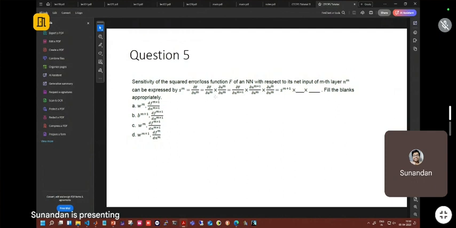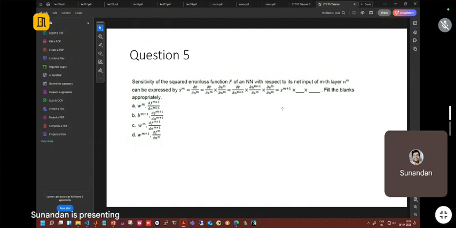Now if you break it down following the chain rule, this is what we get, and from this we can get this. Again we are breaking it with the chain rule, and these three things can be expressed as follows. So this is the sensitivity of m. Basically we are trying to find the recursive formula for Sm, like we saw in our slides.